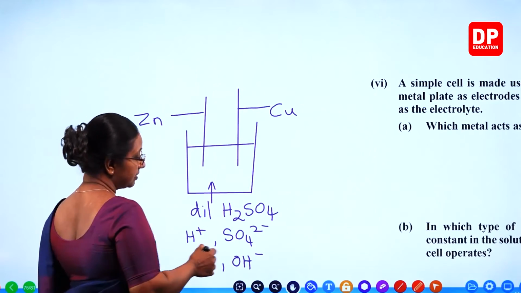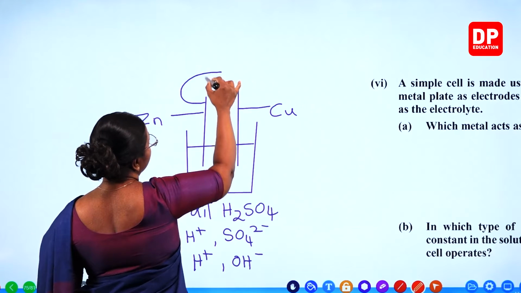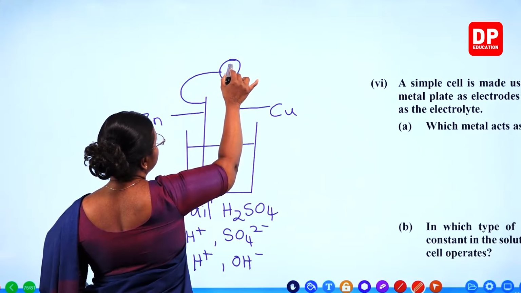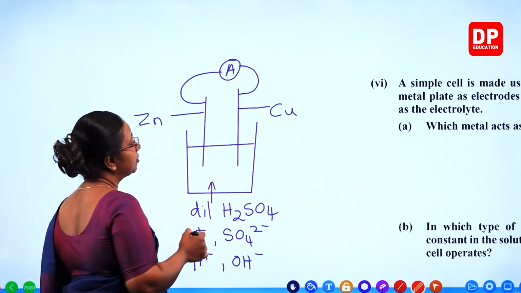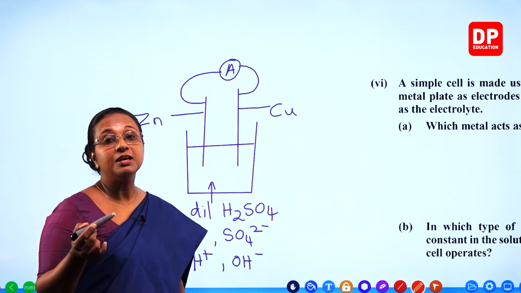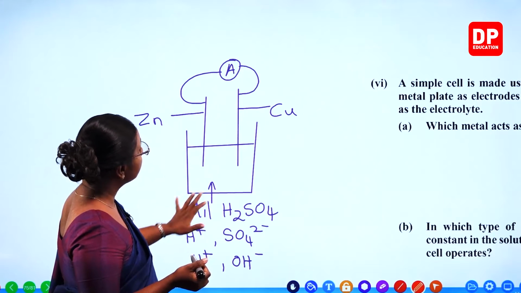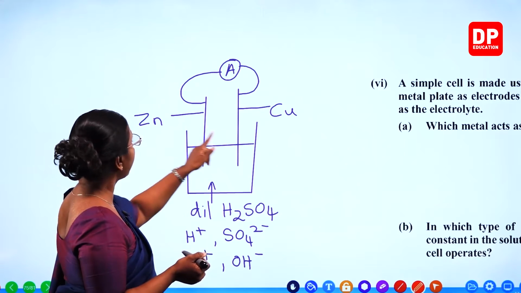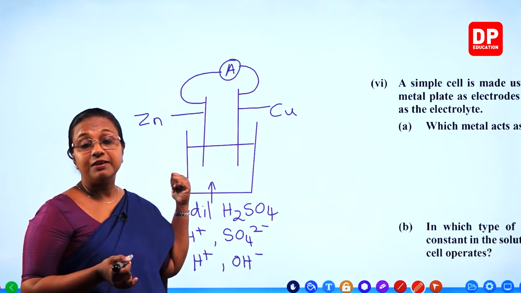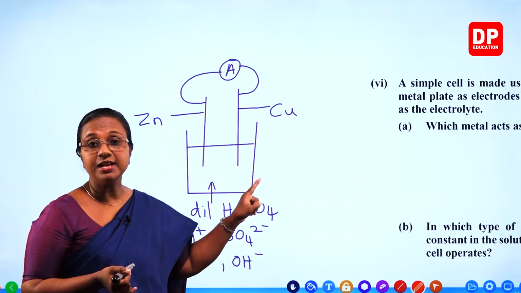And in a simple cell, you all know, students, this is connected. Either you can have an ammeter or a galvanometer or even a light bulb, to see whether there is current flowing through the cell. Then what happens here? Out of these two, I already gave you all the activity series. You all know zinc is more reactive than copper.